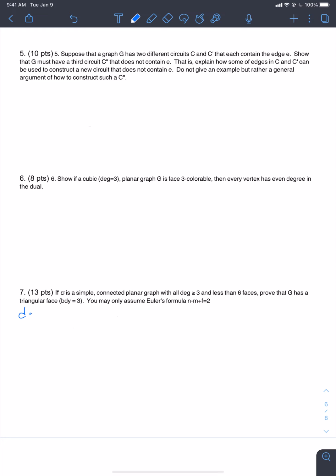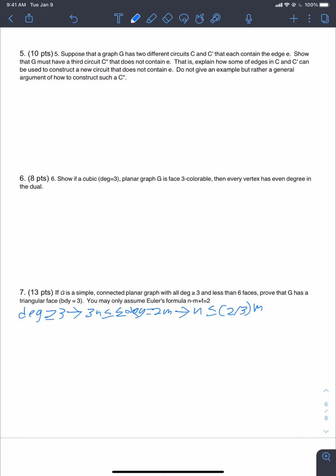So since we want to do something with the boundary later, it's probably better to work with degrees initially. Degree greater than or equal to 3 tells us that 3n is less than or equal to the sum of the degrees, which is equal to 2m. So n is less than or equal to 2/3 m.